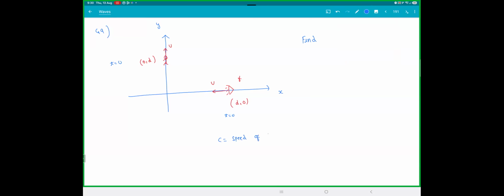This is a good question, right? Find the frequency heard by the observer when the source is at the origin.